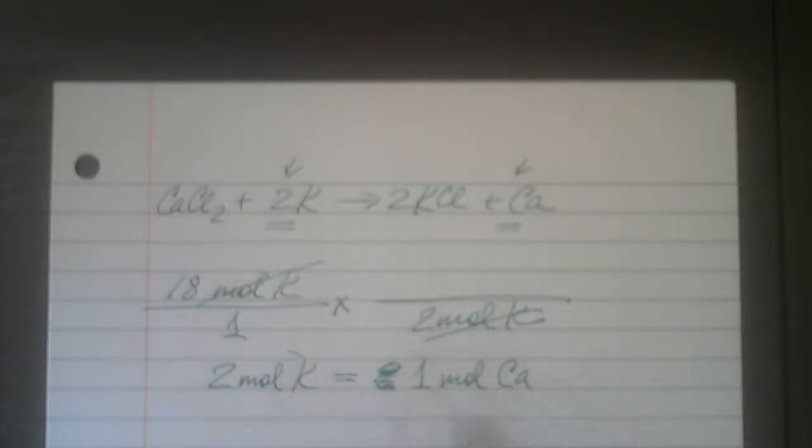We will place this part into the numerator, 1 mole of calcium. And that's it. That pretty much gives us the answer. Multiply all the numerators, 18, multiply all the denominators, 2, answer 9 moles of calcium.